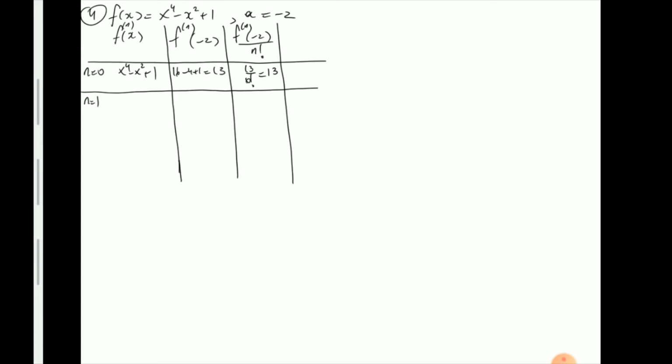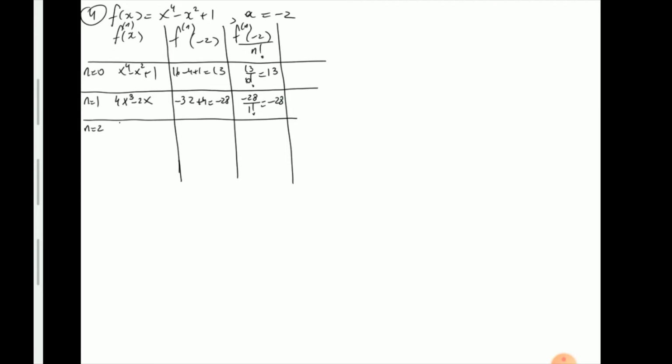When n equals 1, the derivative of the above is 4x cubed minus 2x. Plug in minus 2, that's 4 times minus 8, that's minus 32, and then plus 4 makes it minus 28. Then that's divided by 1 factorial, that's minus 28.